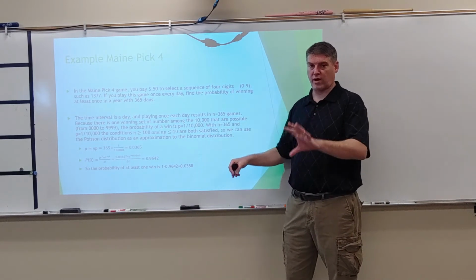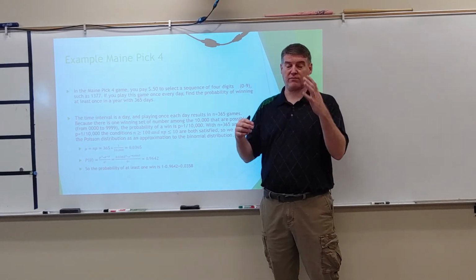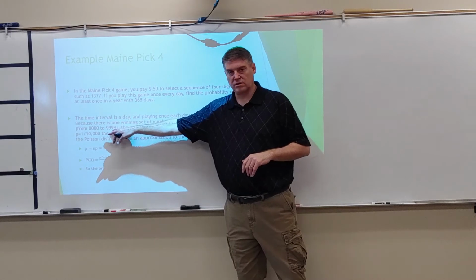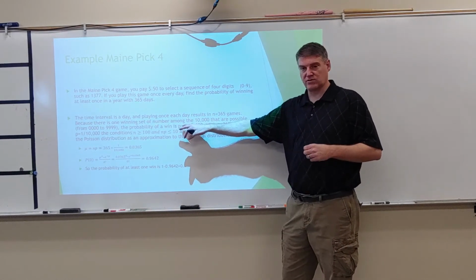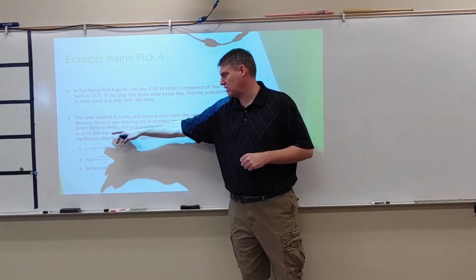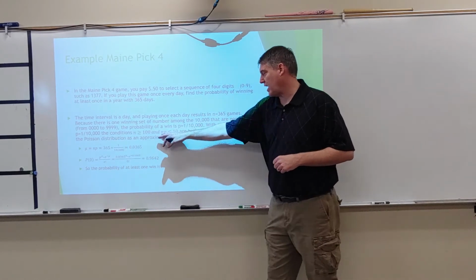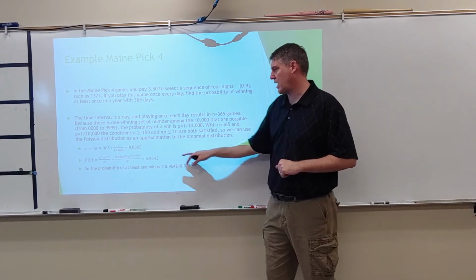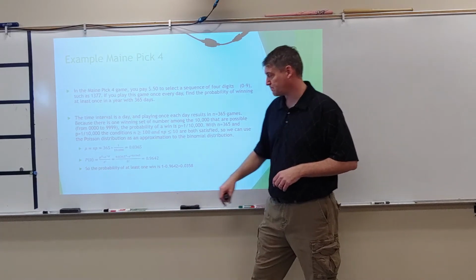The way we found 10,000 is there are 4 digits, with 10 possibilities for each one. 10 to the 4th is 10,000 possible, from 0000 to 9999. The probability of winning is 1 in 10,000. With n equals 365 and the probability of 1 in 10,000, the conditions of n greater than 100 and np less than 10 are both satisfied, so we can use the Poisson distribution to approximate the binomial distribution.